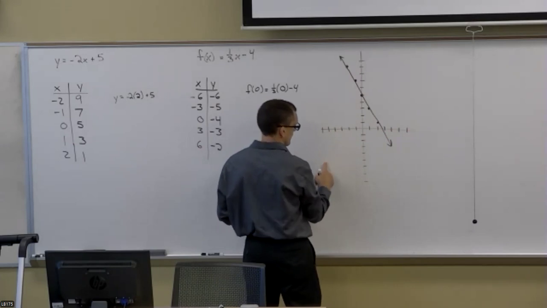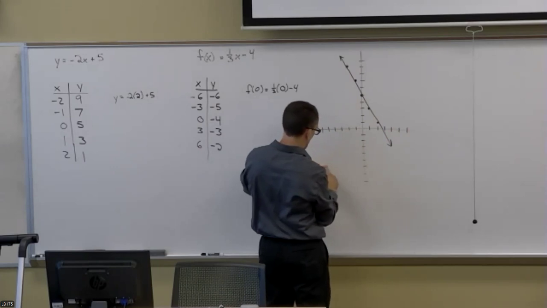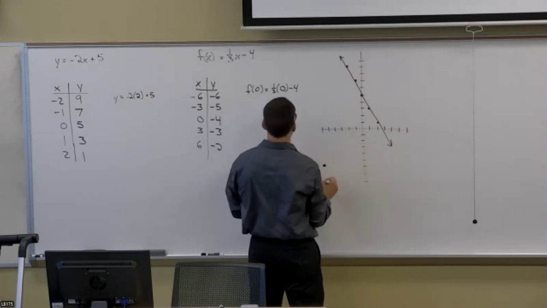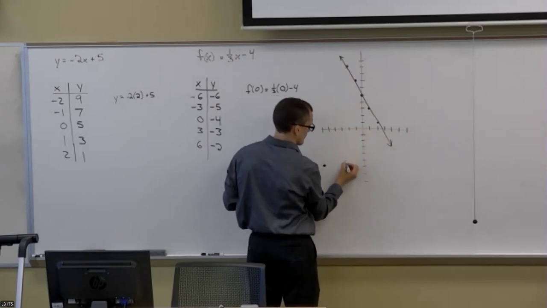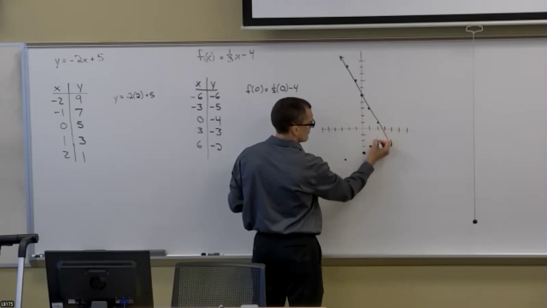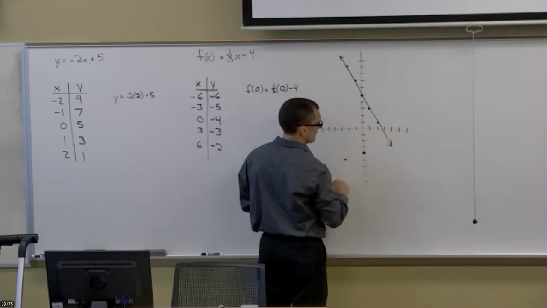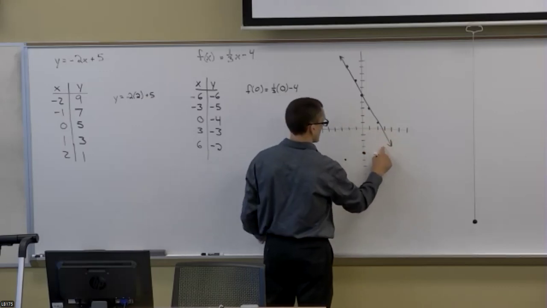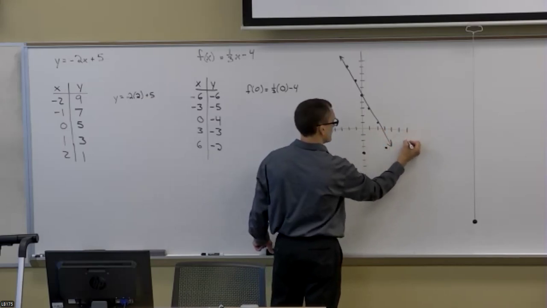So -6, -6. -3, -5, 0, -4, 3, -3, excuse me, 3, -3, and then 6, -2.